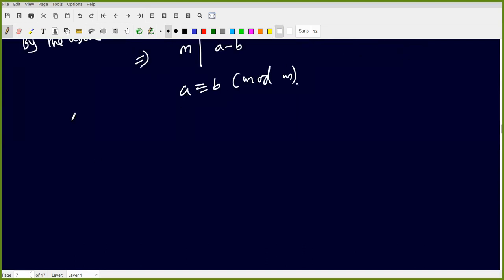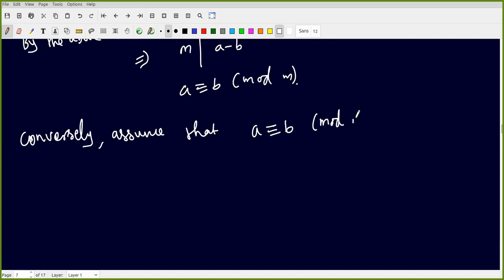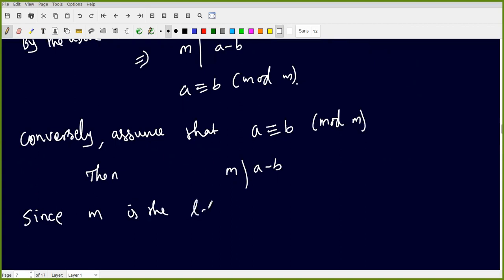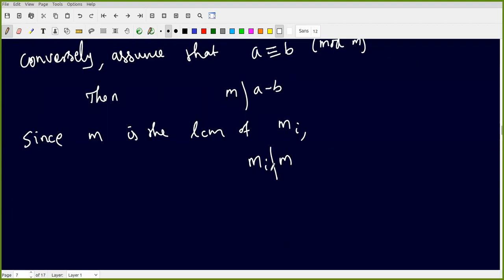Conversely, assume that A is congruent to B modulo M. Then M divides A minus B. But M is the LCM of M1 through Mr, so Mi divides M, since M is a multiple of Mi.